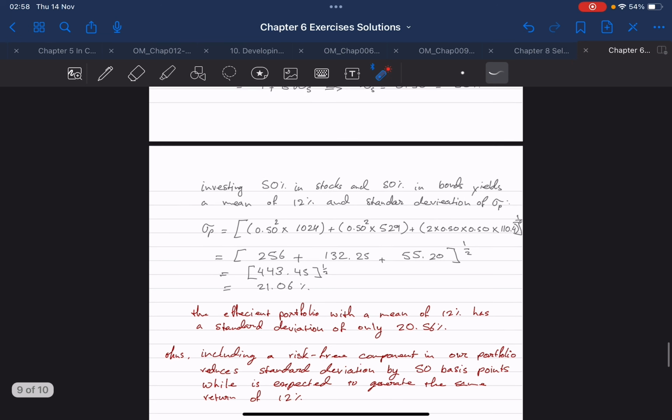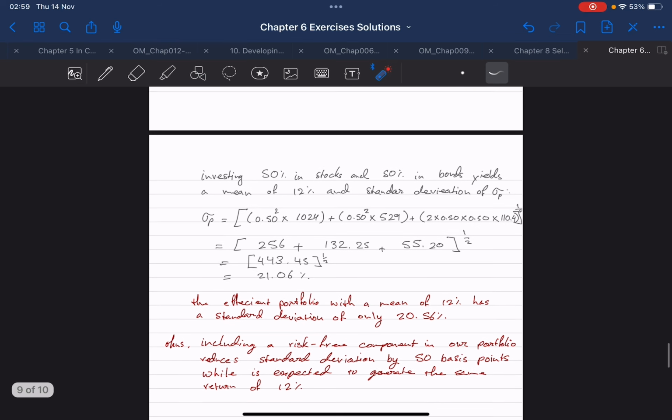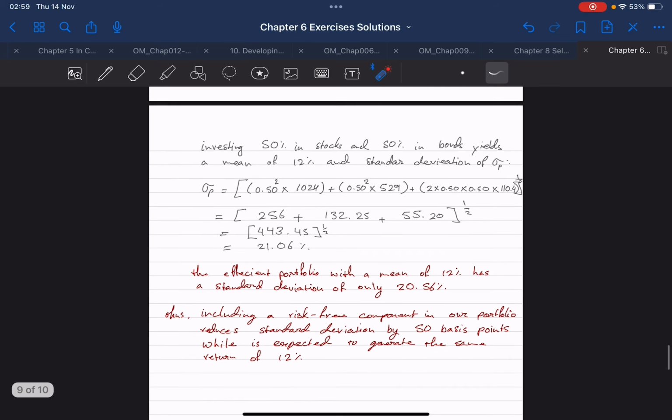Then we compared the differences between the standard deviation of the complete portfolio and the risky portfolio. Okay, and we found about 50 basis points difference between the two, even though both portfolios are expected to generate a return of 12%. All right, I hope this is clear.